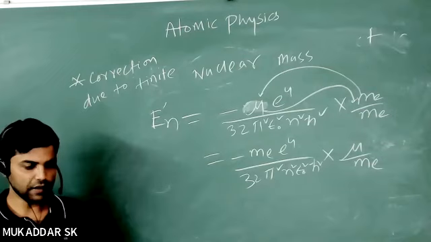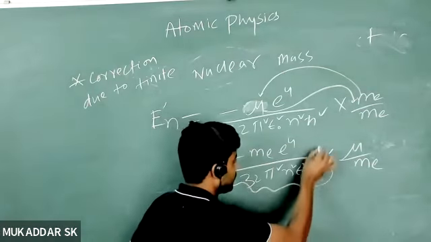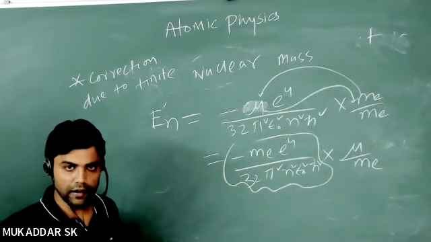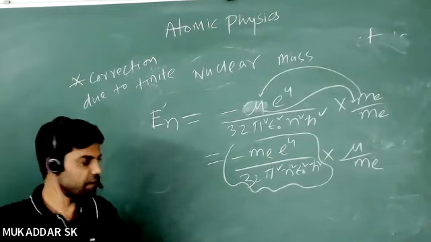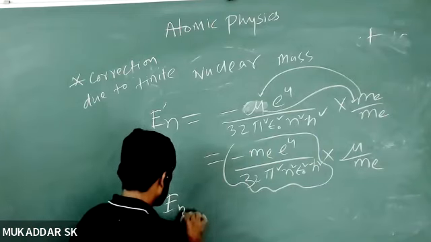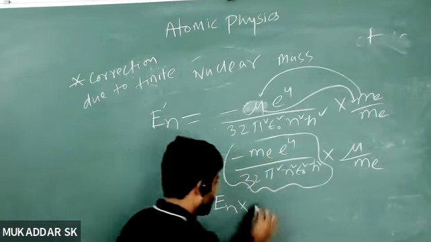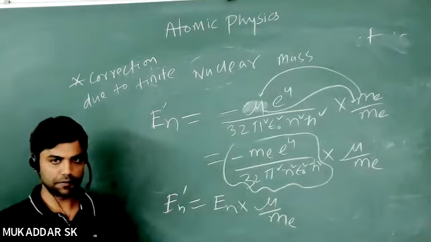Did you get what I'm saying? So this thing you can write, if you remember, this is nothing but the energy of the nth orbit of the hydrogen atom what Bohr has derived. So you can write En dash is nothing but En into mu by m_e, where mu is the reduced mass of the system.